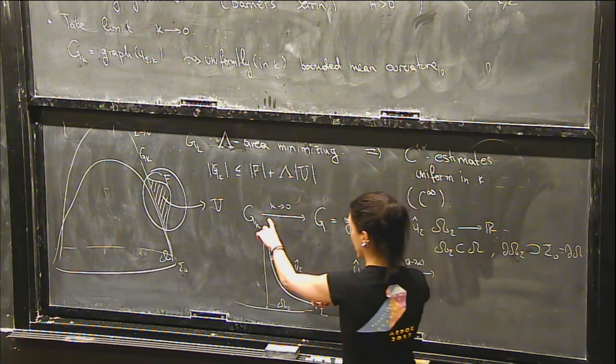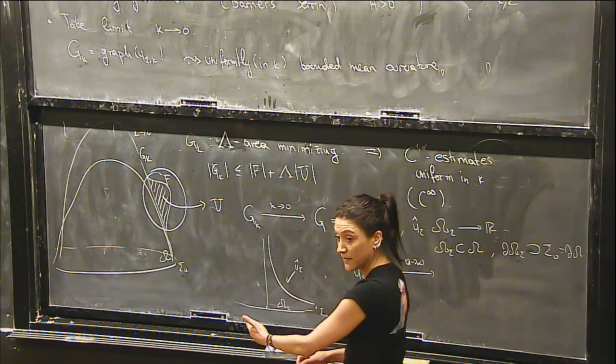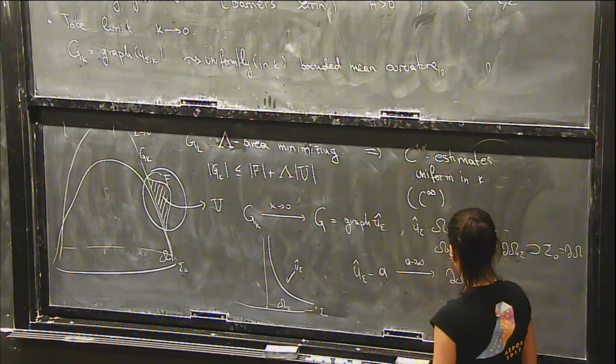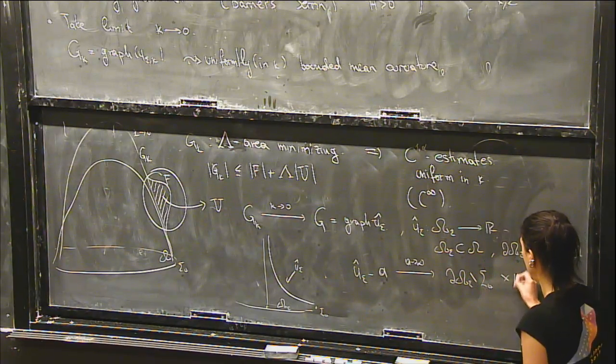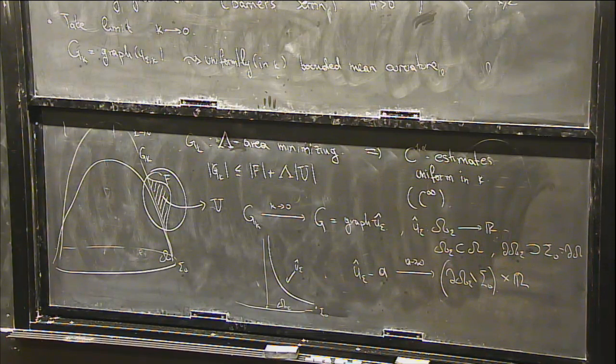This starts translating down. So you're only going to see the boundary. Right? So this converges to the boundary, the inner boundary, cross R. Okay, so the limit of translations gives you the boundary of the domain.